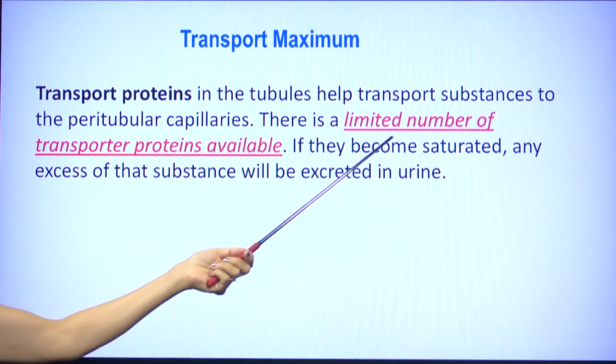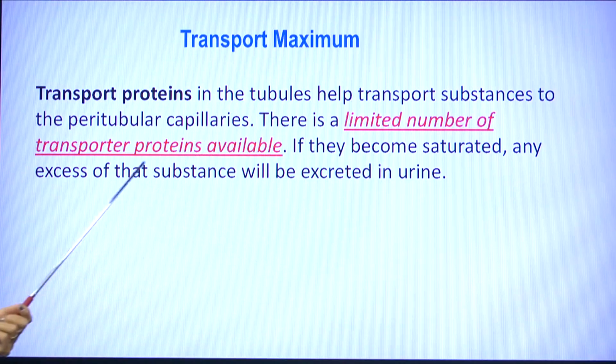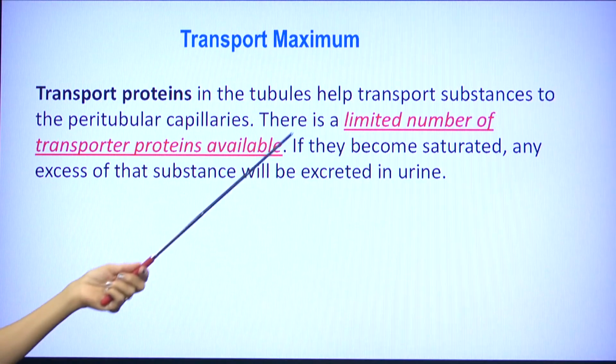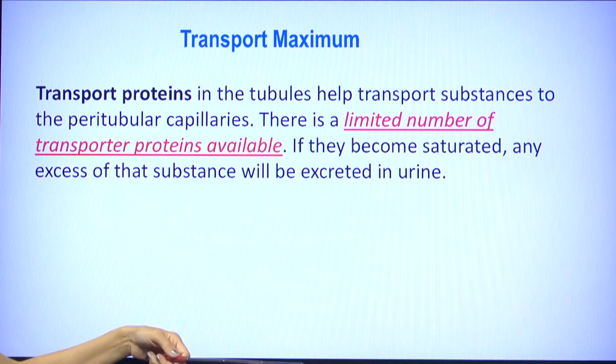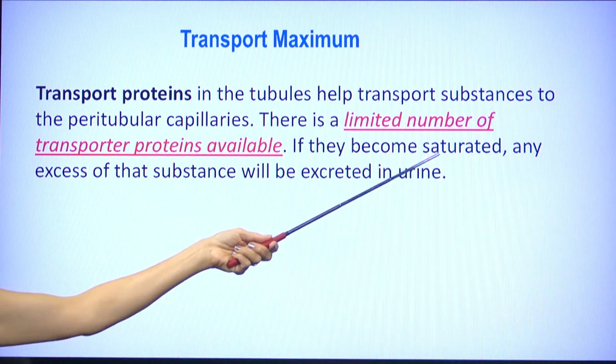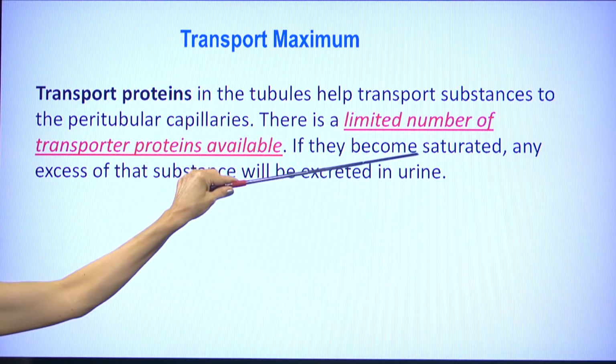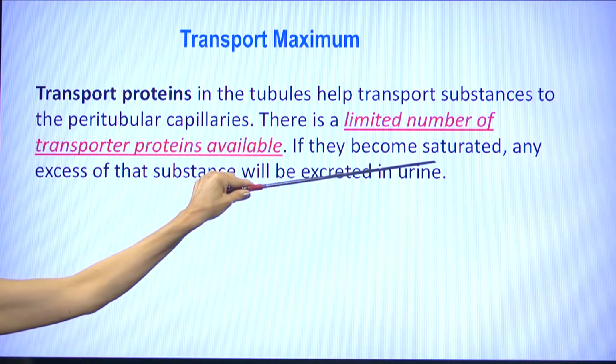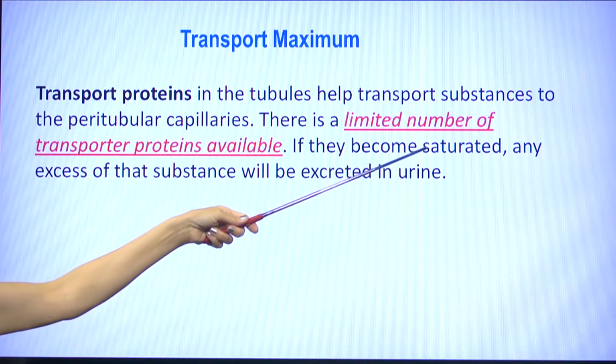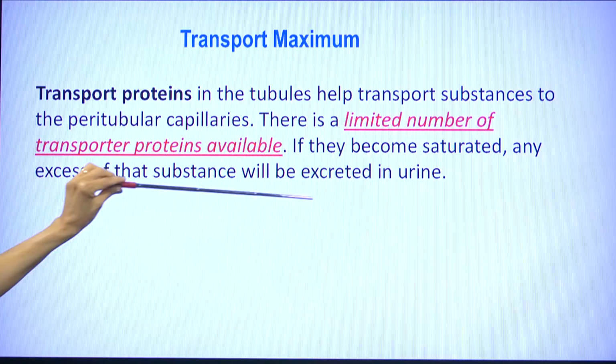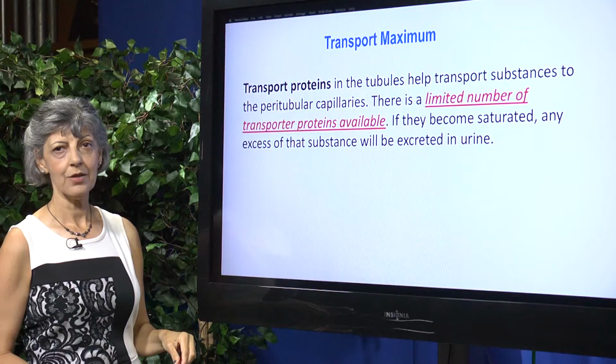I have a limited number of those transporter proteins. If they are all saturated, any excess of the substance I'm trying to reabsorb will not be reabsorbed and is going to be excreted in urine.